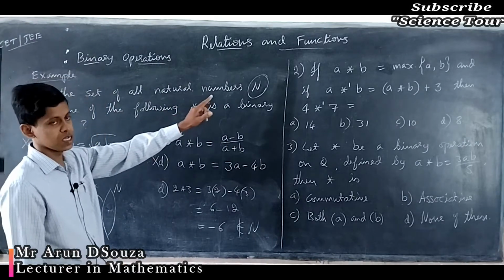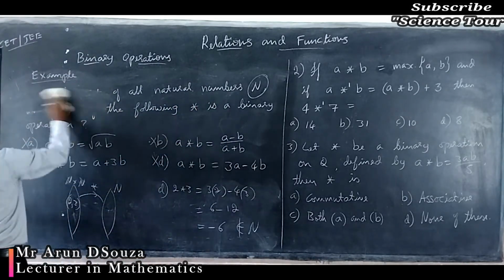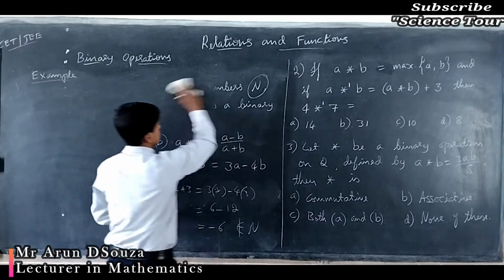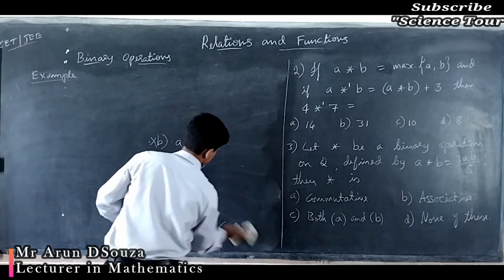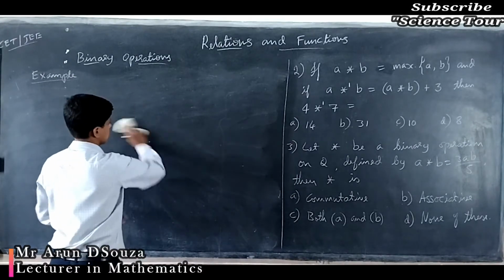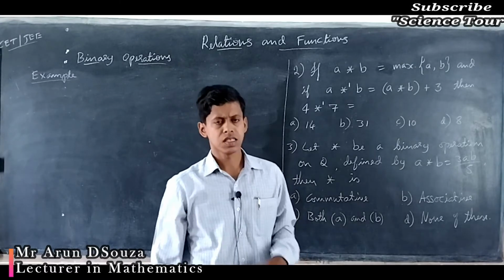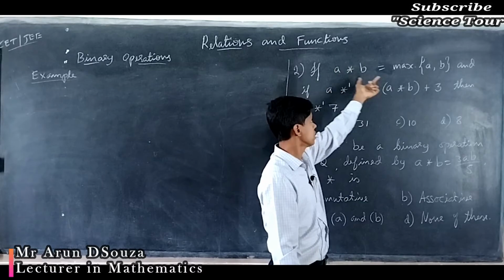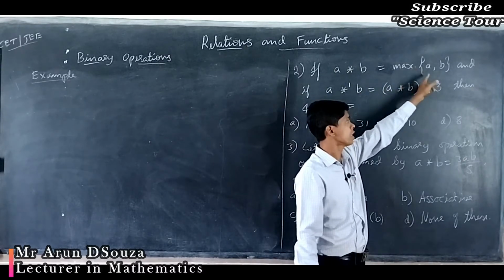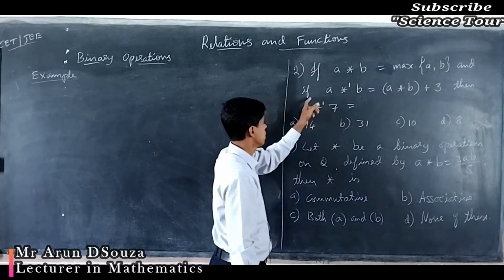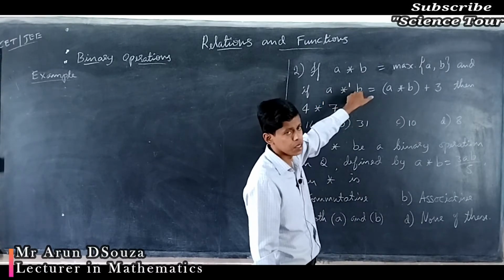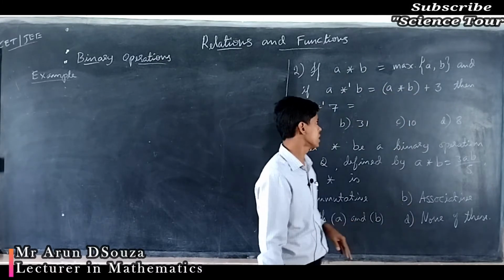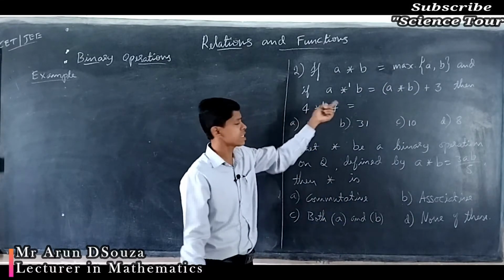Now let's move on to the next question. What does the second problem say? It says that if A star B is equal to maximum of A or B and A star dash B is equal to A star B, that means this value plus 3, then what is 4 star dash 7?